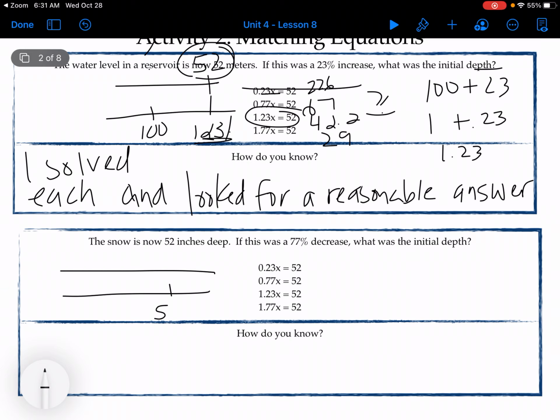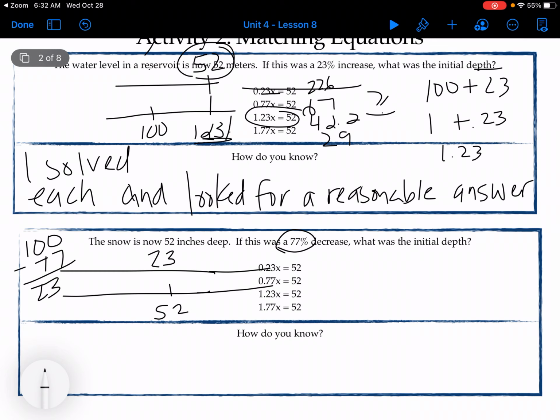Okay, so the snow is now 52 inches deep. This is a 77% decrease. What was the initial depth? So that's a decrease of 77%. So 100 minus 77 would give me 23, right?